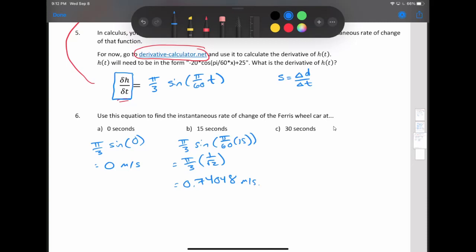And 30 seconds, if we punch it in, pi over 3 sine pi over 60 times 30, which is pi over 3. And inside the bracket there, pi over 60 times 30 is pi over 2. And sine of pi over 2 is 1. So pi over 3, and we already said pi over 3 is the 1.047 meters per second.